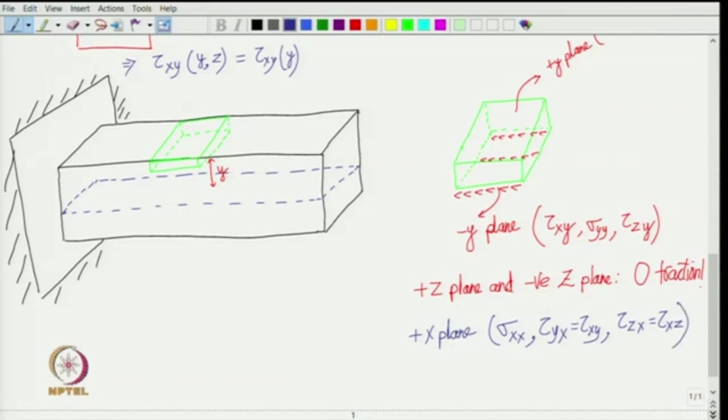So, we can draw these components on the positive x plane. So, they are something like this.